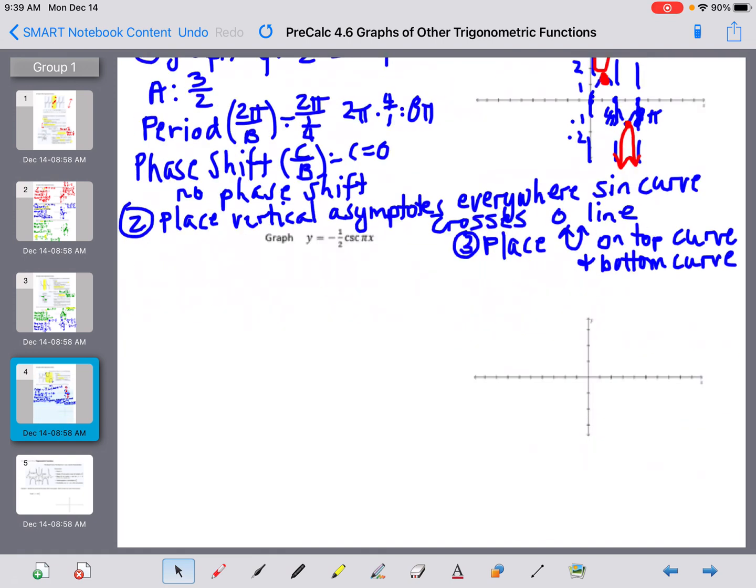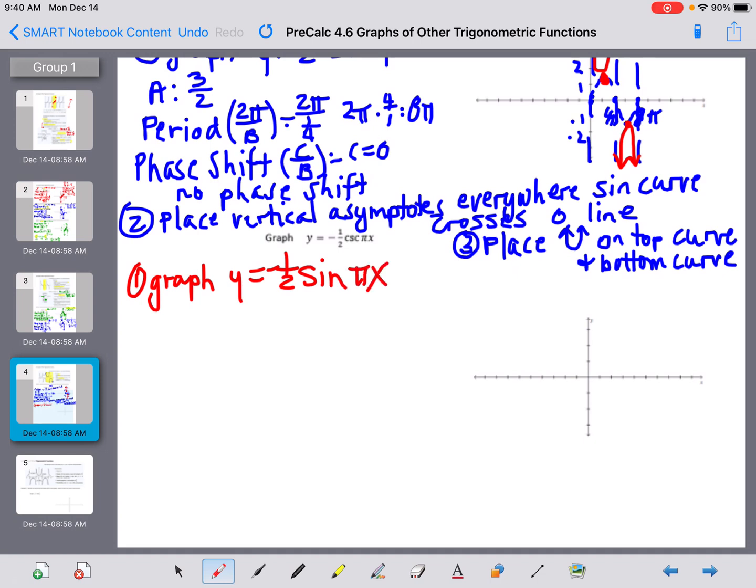Let's try this again, another cosecant one. I'm not going to write out quite the details now because we know the rules. If I see cosecant, the first thing I do is graph y equals negative 1/2 sine of pi x, because sine and cosecant are reciprocals of each other.